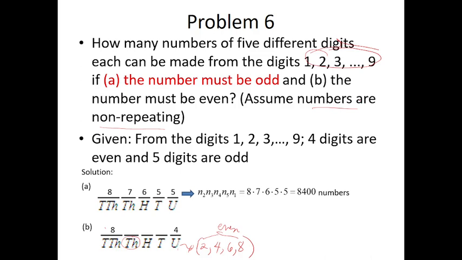Again, numbers are non-repeating. We cannot repeat the number that was placed at the units place and the 10,000s place. So if there are nine digits all in all, we subtract 2 from the total number of digits, we will now get 7. So this will now be 7.